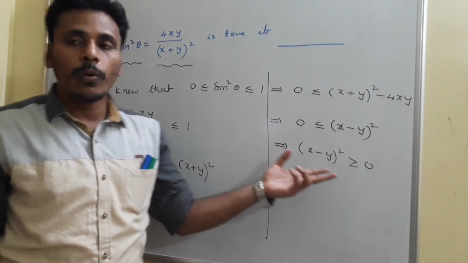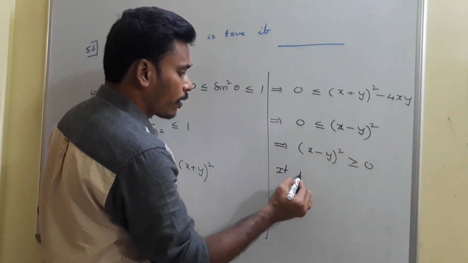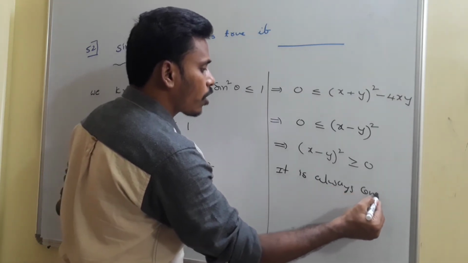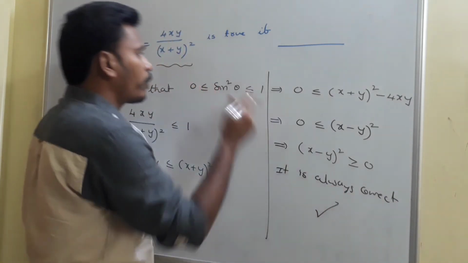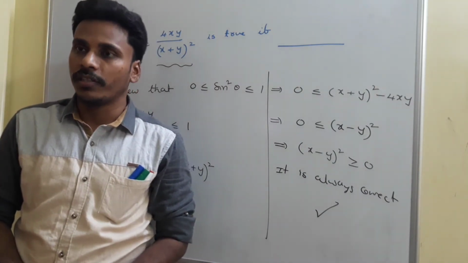So since it is always greater than or equal to 0, this is always correct. Since it is always correct, the given statement is also always correct. So we don't need any restrictions in this case.